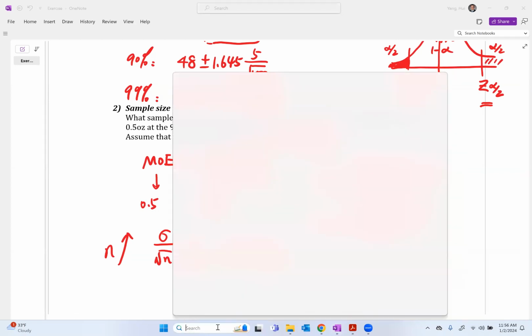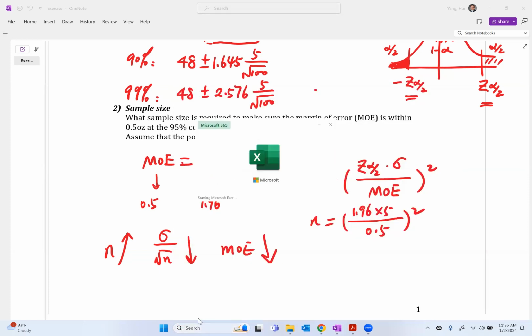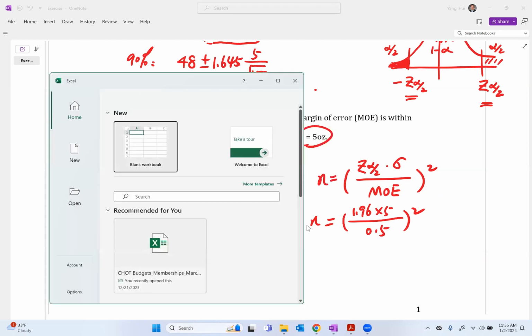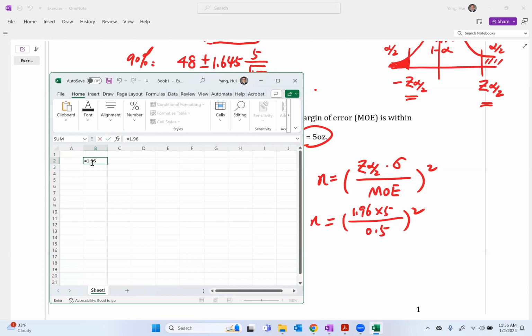Let's use Excel to find the sample size. 1.96 times 5 divided by 0.5 equals 19.6.